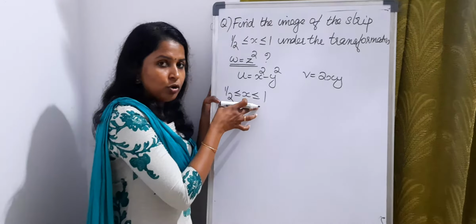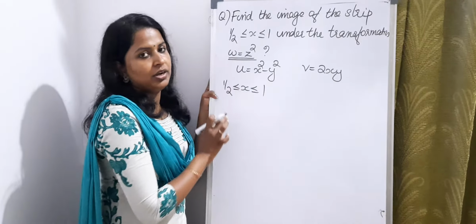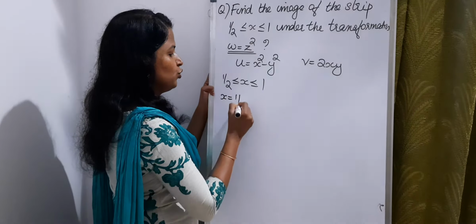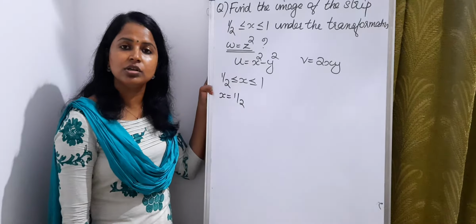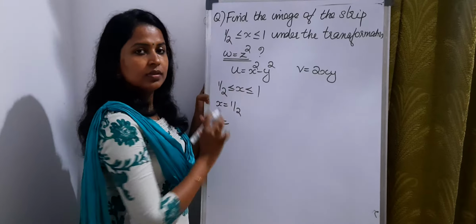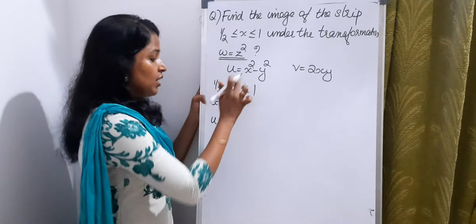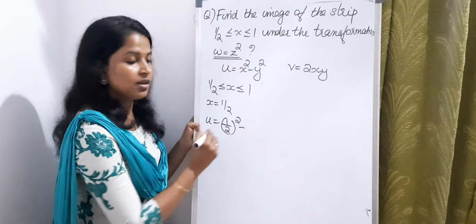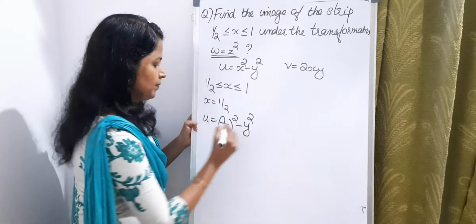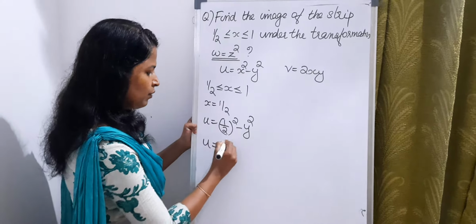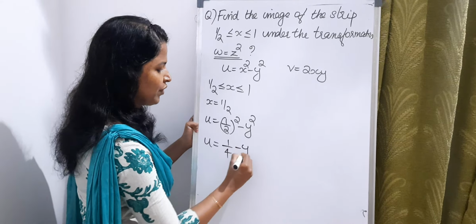In between the portion 1/2 and 1, first we take x = 1/2. Then u = (1/2)² − y², that is u = 1/4 − y².